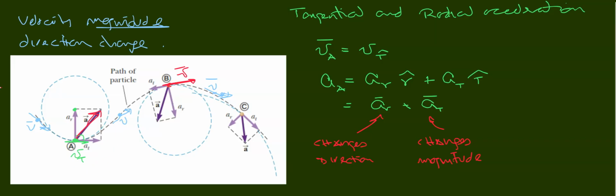So what we do is the following. Once you know something is moving, you consider your point in your motion and you define your velocity vector that is tangent to the motion, the instantaneous velocity vector.